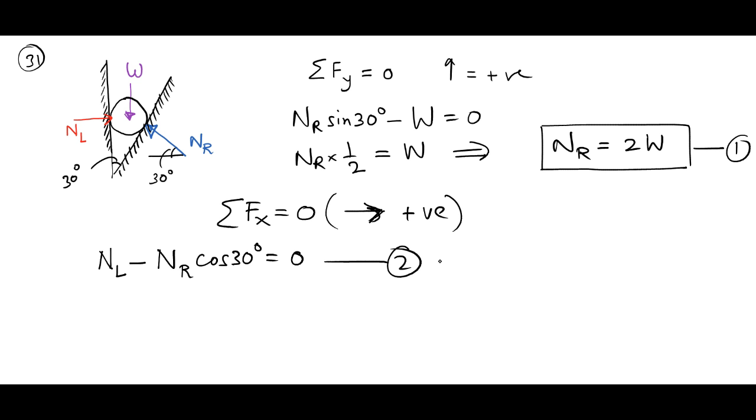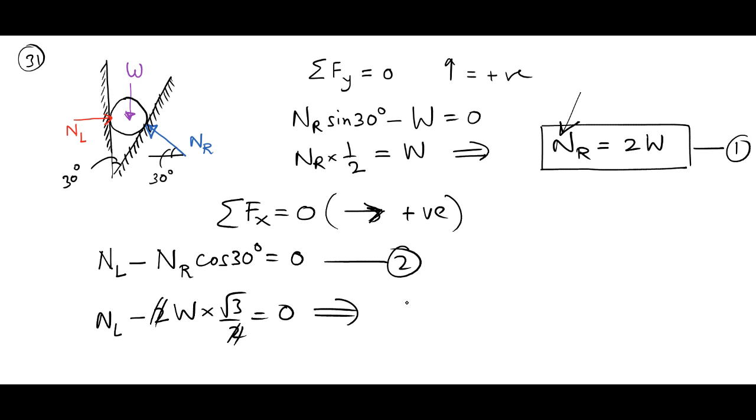So you have two simultaneous equations. You can solve them by your normal rules, but luckily we have written the NR equal to 2W equation first, and we have got the value of NR here directly. We can substitute it in equation number 2, so we get NL, the left surface's normal reaction, minus 2W into cos 30 degrees, which is root 3 by 2, equal to 0. 2 cancels.